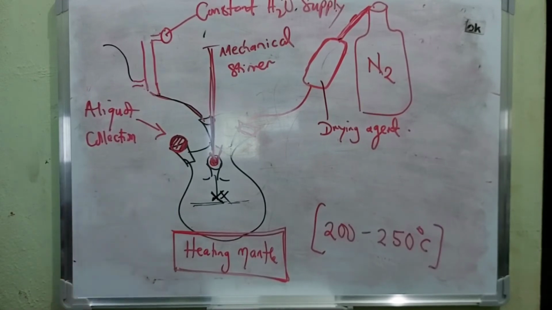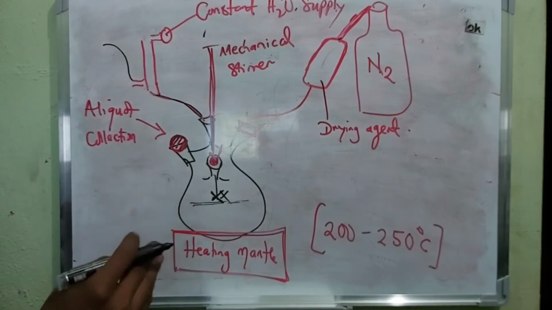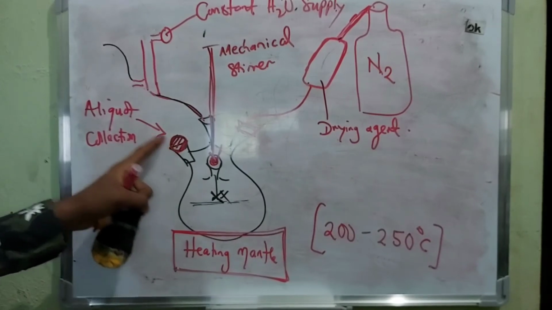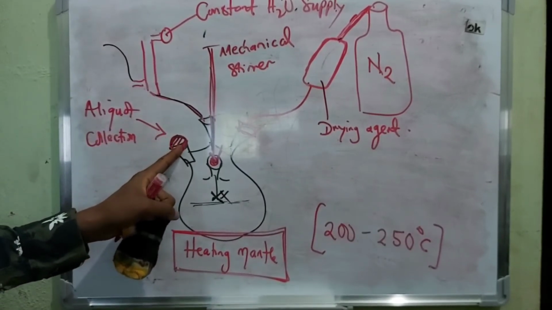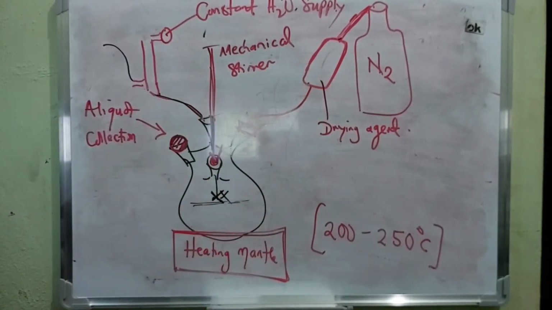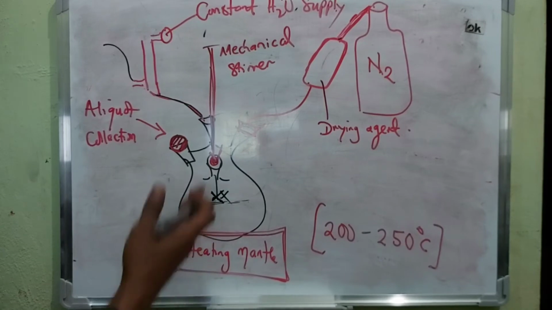Now this is just the setup for the first stage of the alkyd resin synthesis. So we have the four-neck round bottom flask, one neck for the alkyd collection. You should close this because this reaction occurs in a closed system and in the presence of nitrogen gas, making it an inert system. There should be no outlets left open.